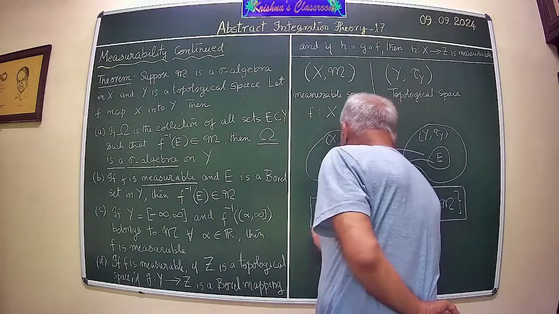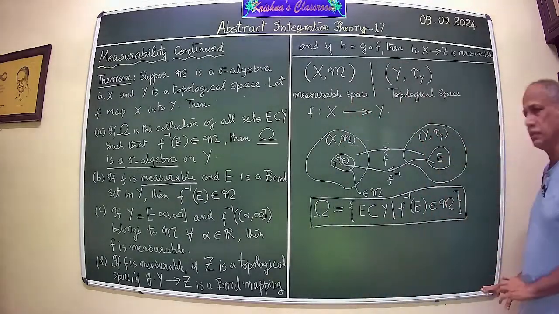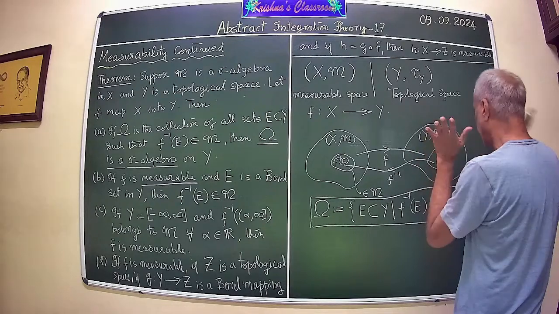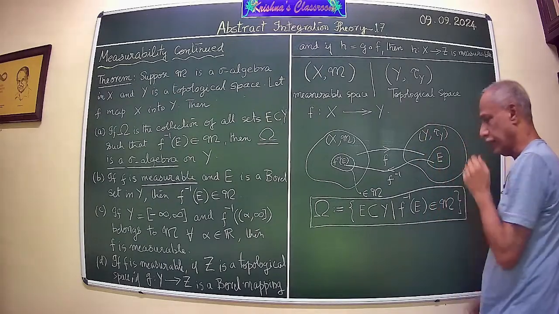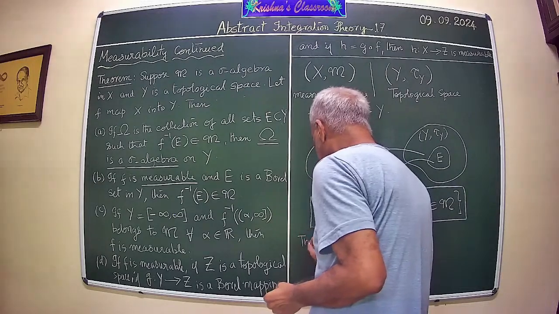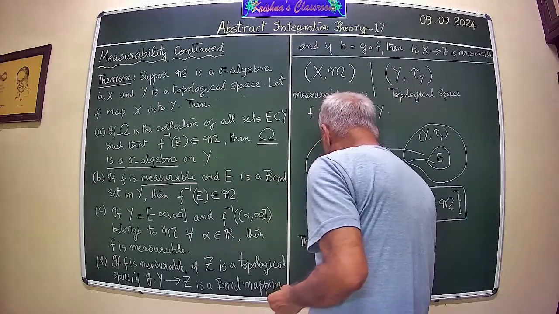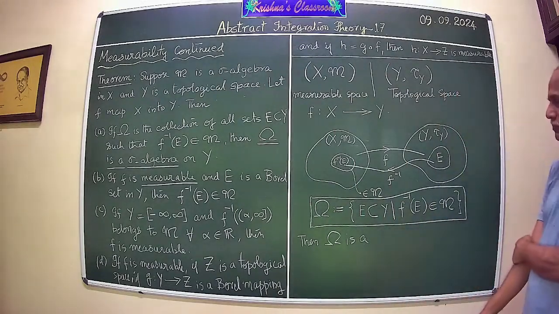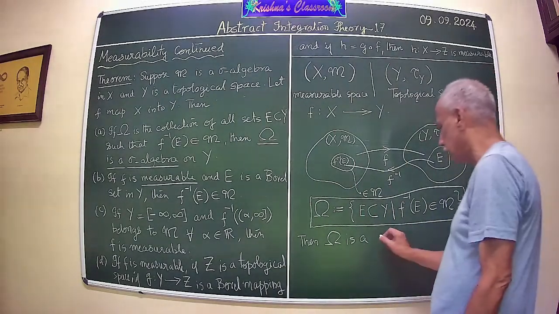So what does this give? It identifies a collection of sets in Y. Okay. Now our claim is that omega is a sigma algebra.